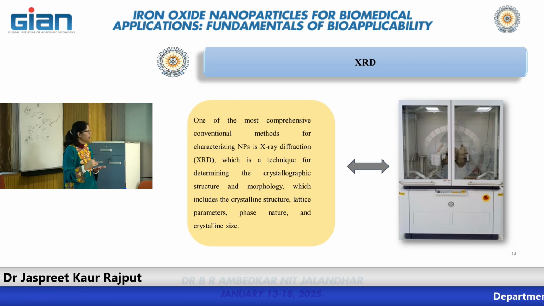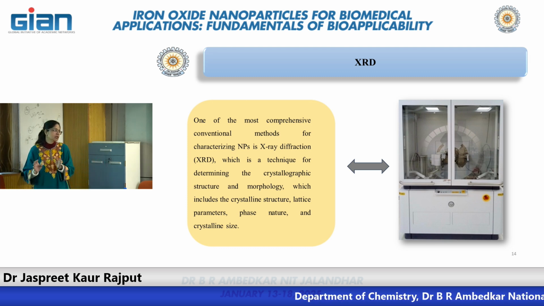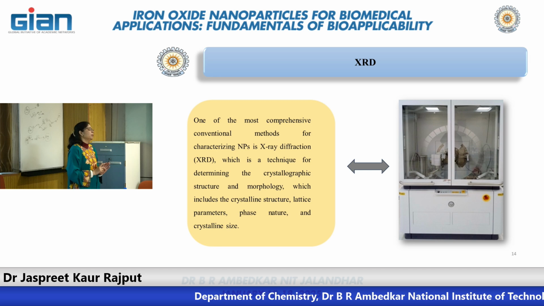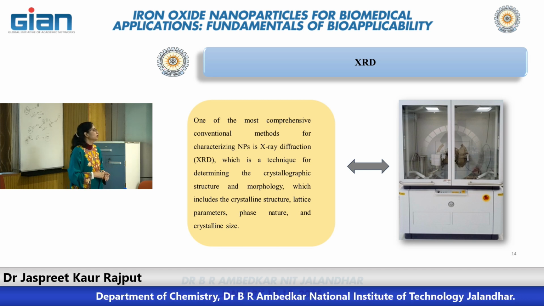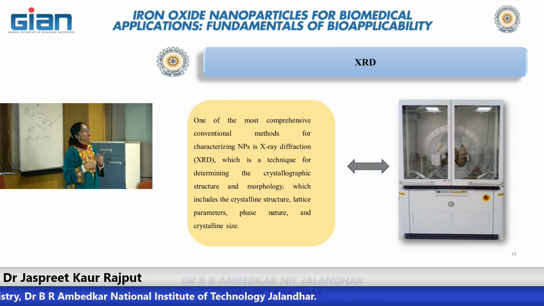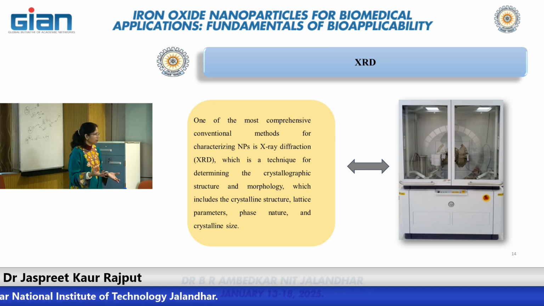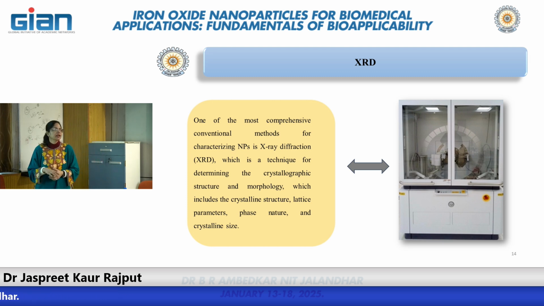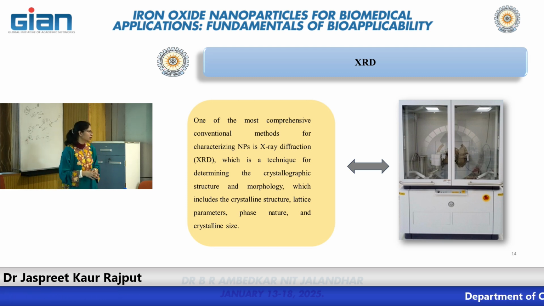They can be analyzed through the X-ray diffraction method, along with the phase and the crystallite size. By the Debye-Scherrer equation, you can find out the size of the nanomaterial through XRD. Through TEM you can visually see it in the micrograph, but through XRD you can also see the size of the nanomaterial.